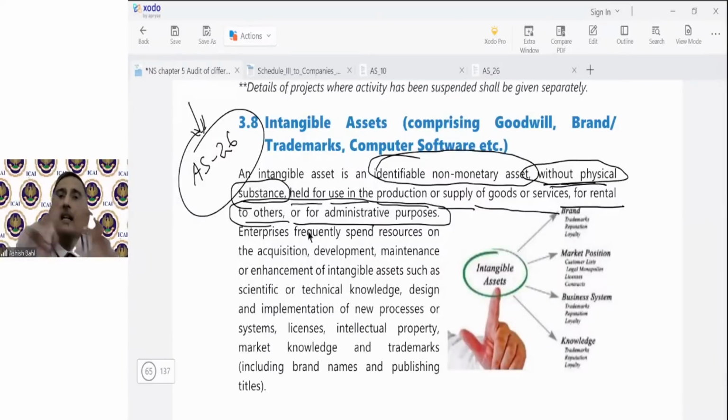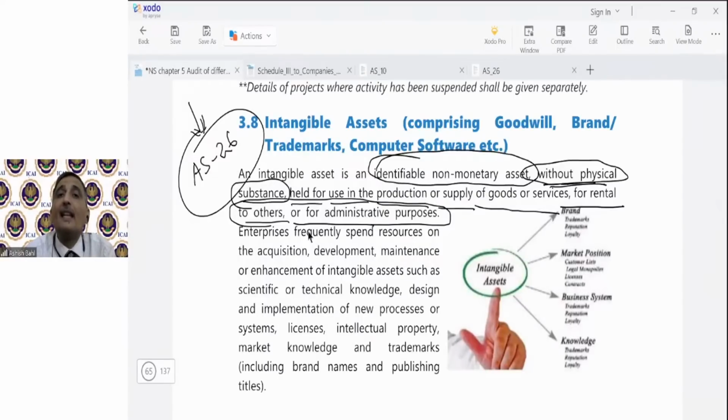There are three distinguishing characteristics of intangible assets. Number one, these are identifiable. This is the primary thing. These are identifiable non-monetary assets. These are not convertible into money. These should be non-monetary, not convertible into money, but these should be identified.